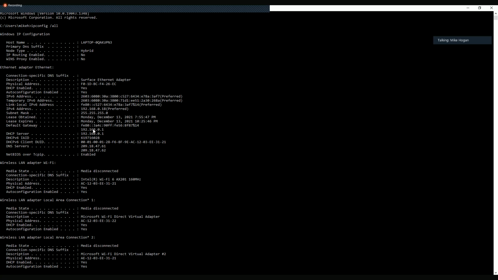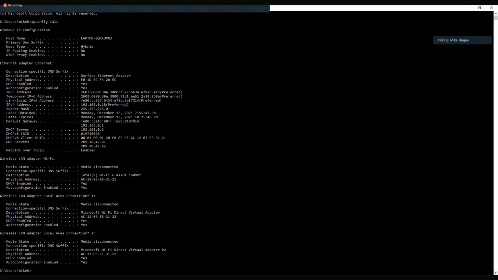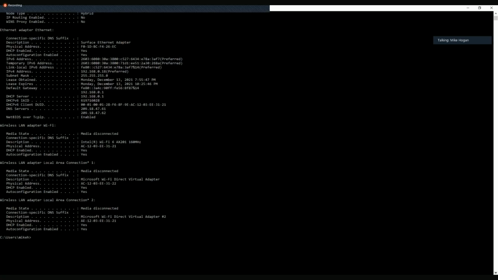My default gateway, DHCP server, all of those different components, 192.168.0.1, I can go in and I can ping all of that.